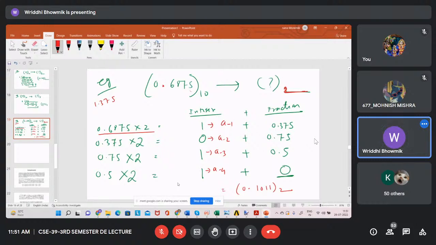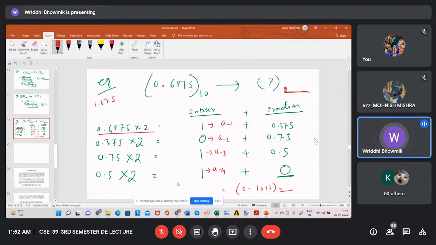Now, what is the procedure? Until when will you continue this process? Until the fraction part becomes 0, or you achieve sufficient accuracy.